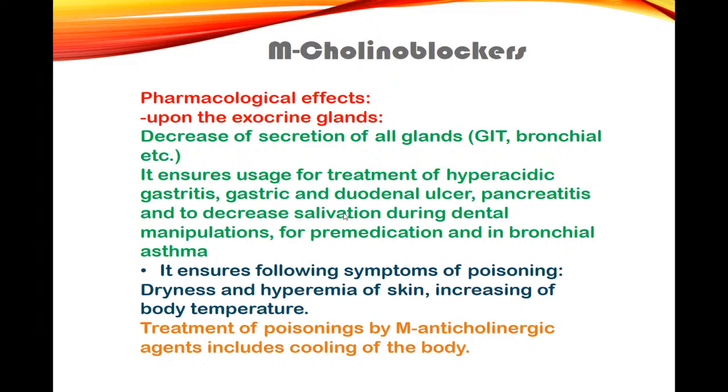It ensures usage for treatment of hyperacidic gastritis, gastric and duodenal ulcer accompanied by increased secretion of HCl, pancreatitis, for decrease of salivation during dental manipulations, for premedication before general anesthesia, and in bronchial asthma. So we use influence on exocrine glands.